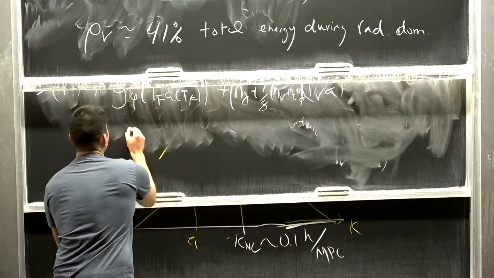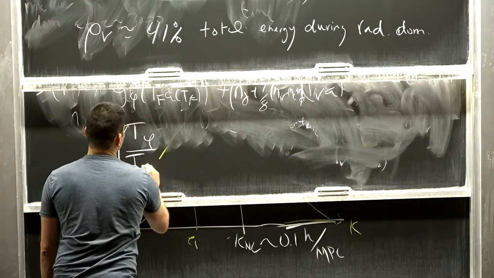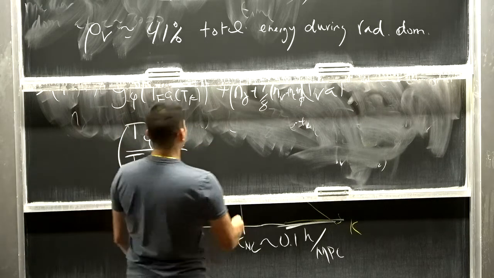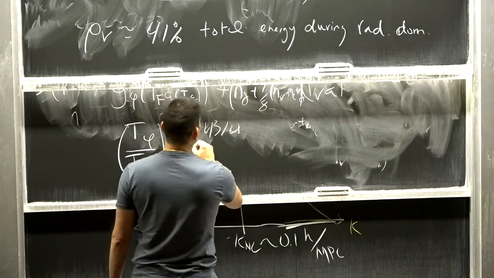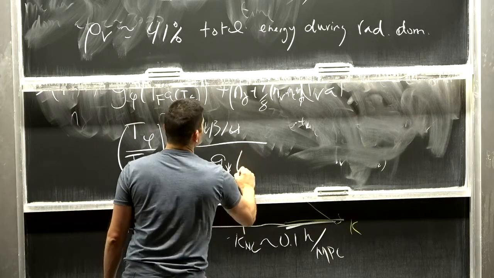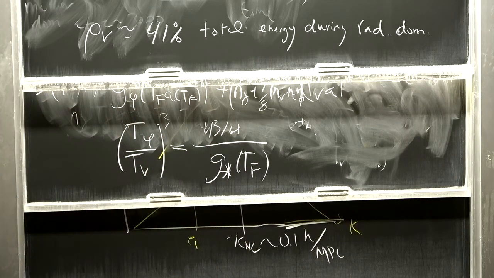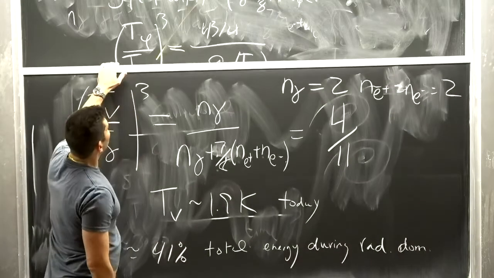So that tells us that the ratio of the temperature of phi to the temperature of nu, cubed, is, if we do this math, I believe 43 over 4 for this thing here, divided by the G star of the standard model at freeze out. I'll raise this so you can all see it.